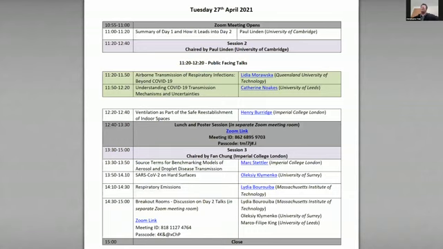Lydia Morawski from MIT talked about respiratory emissions, again highlighting the droplet size distributions, and talked about some of the physics associated with the multimodal distributions of droplet sizes.